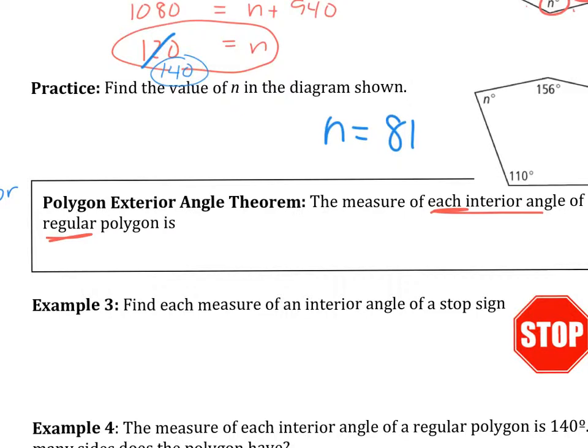In other words, all the angles are going to be the same. So really, all you have to do is take the previous formula, and all you do is divide by the number of sides, the number of angles you have. And there you go. This will give you one angle measure for a regular polygon.